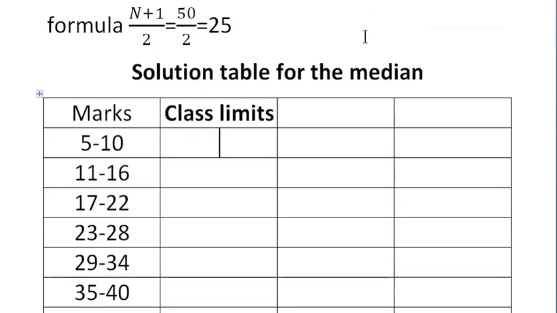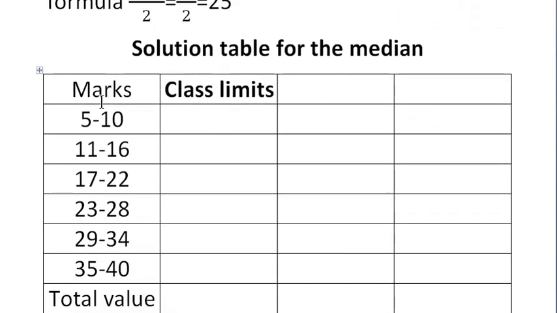This class limit, we are trying to correct the type 1 error that exists in these marks. If you look at these marks, we have 5 to 10, and after 10 we'll get 11 to 16. Then after 16 we have 17 to 22, 23 to 28, 29 to 34. Now, this 10, if you remove it from 11, you will get 1. If you remove 16 from 17, you will get 1.